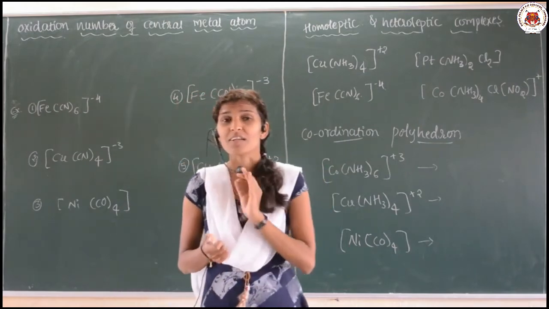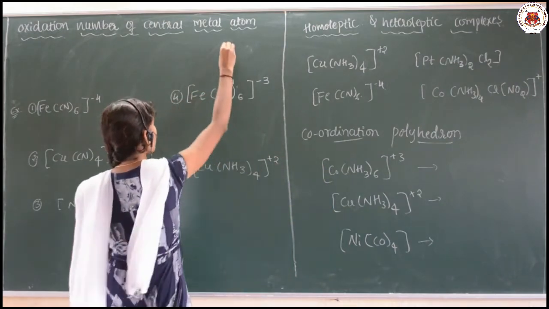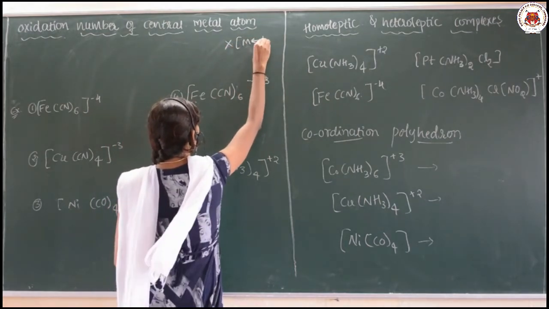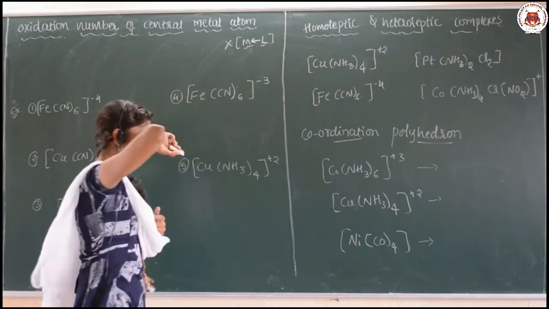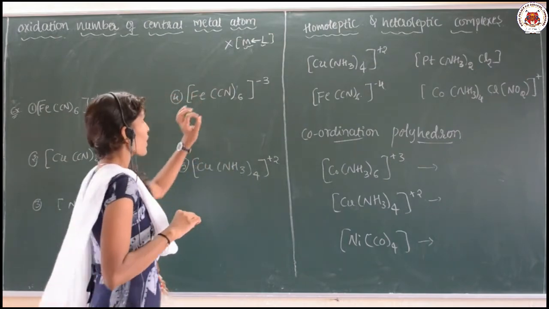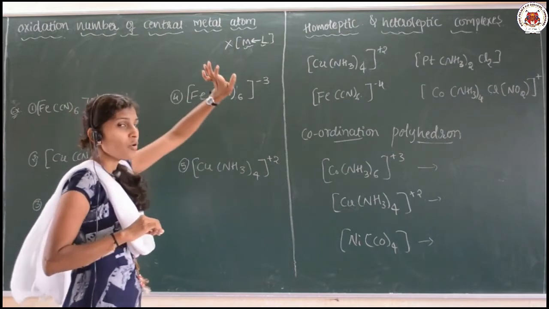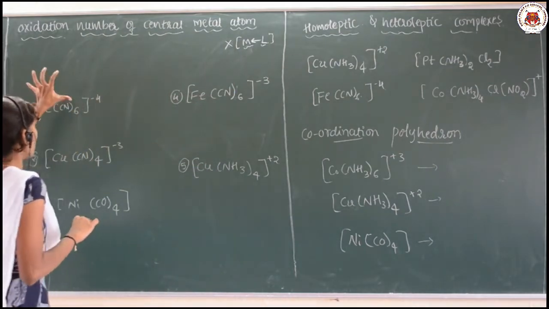Already you know what is the central metal atom. In any coordination compound, the central metal atom will be bonded through a coordination bond with the ligand. The central metal atom's oxidation number we need to calculate. Previously, you need to know what is oxidation number.